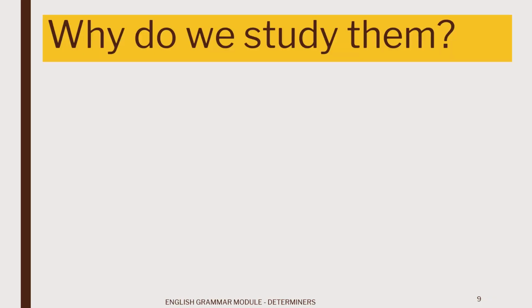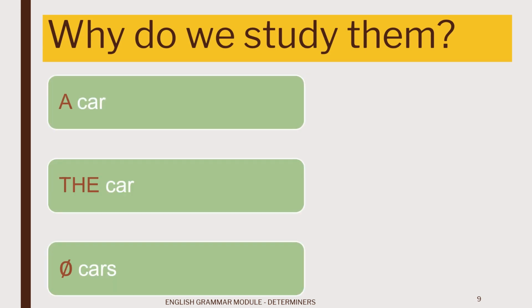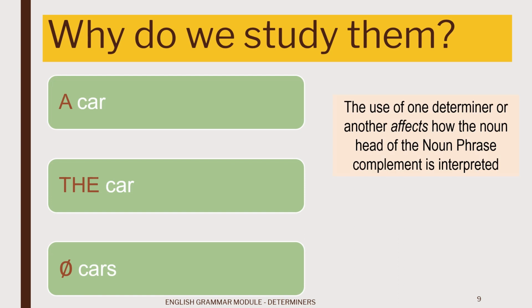And once again, why do we study determiners? Well, let's look at these examples again. We said that the use of one determiner or another determines how the noun head of the noun phrase complement is interpreted.